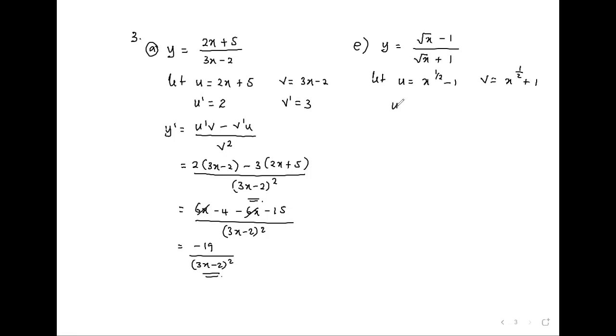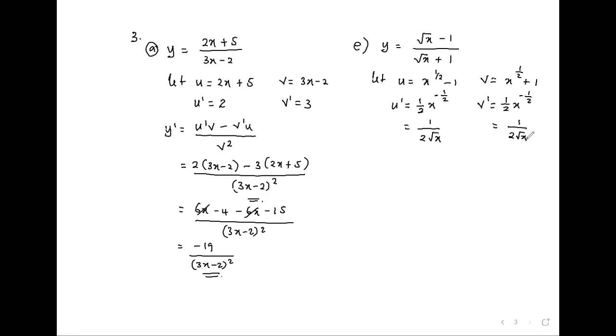And then now you write u prime is equal to half x, then half minus 1 gives us minus half. And v prime will also give us half x to the minus half. Or if you want, you can write them as values. So I want to write this as 1 over 2 root x, and this has the same thing, 1 over 2 root x. As soon as the powers are negative, you bring them down.